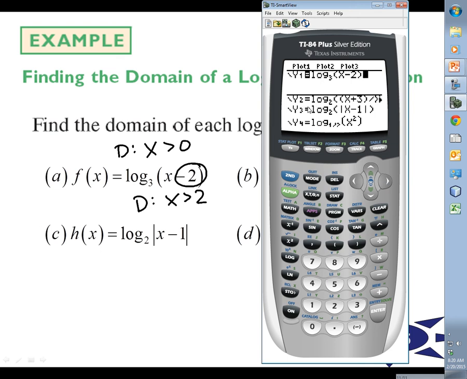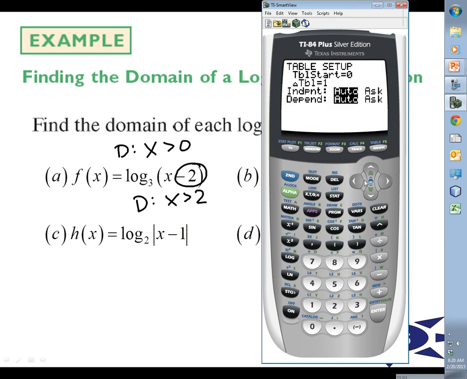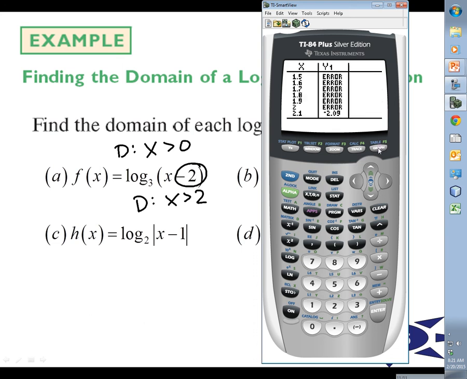Notice that I've turned these other graphs off. I just want to graph this first one. And if we see here, it looks right. We're only to the right of 2. If we really wanted to confirm this, we could check our table. Let's start at 1.5 just to save ourselves some time, counting by 0.1.